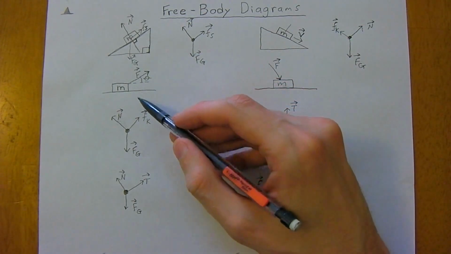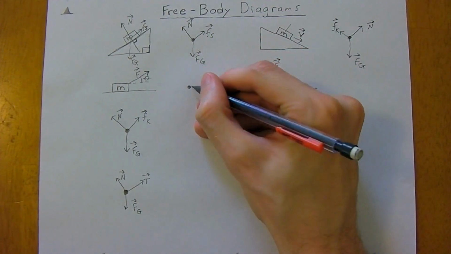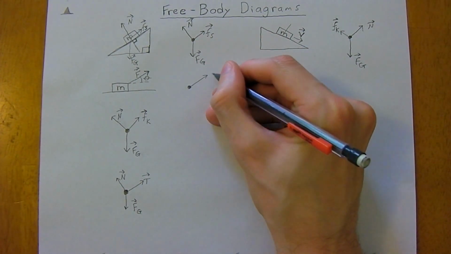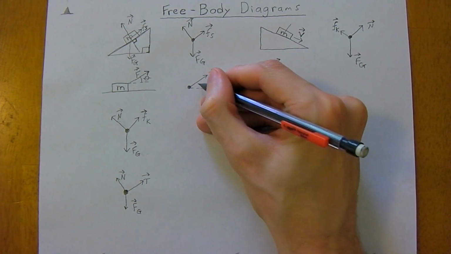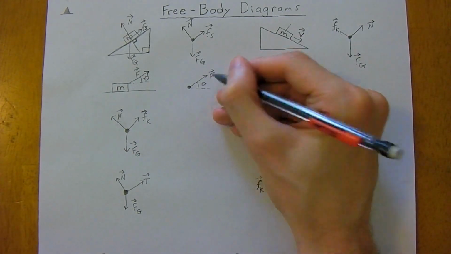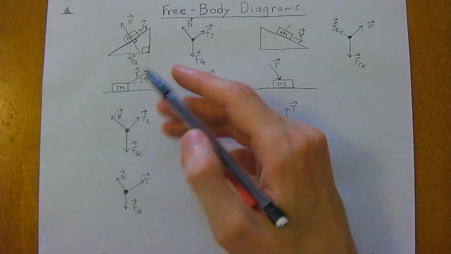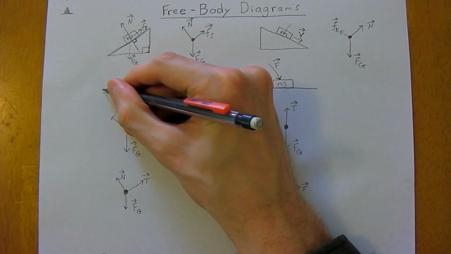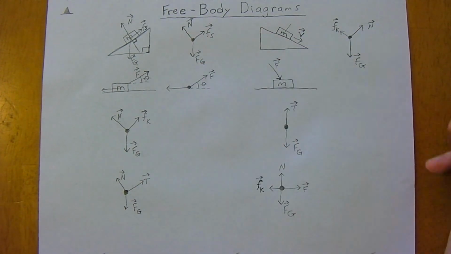Okay, in our next situation, we have our point, and we have a force pulling up. And this is just any regular force. And this isn't moving, so it means we must have a counteracting force, do you remember?